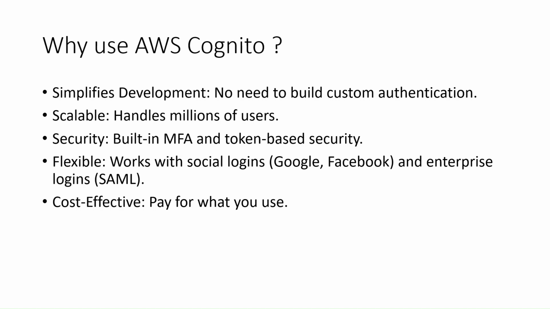It also provides security, like built-in MFA and token-based security. It includes built-in tools like multi-factor authentication and secure tokens to protect user data. AWS Cognito is also a flexible service that works with social logins like Google or Facebook, and enterprise logins like SAML.